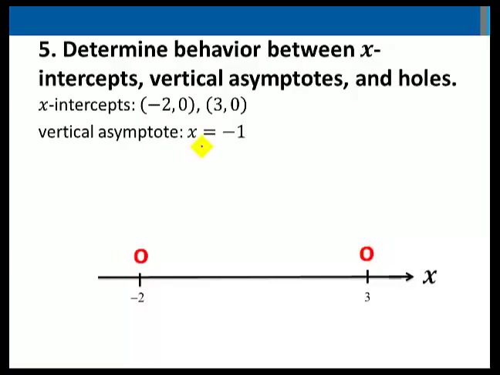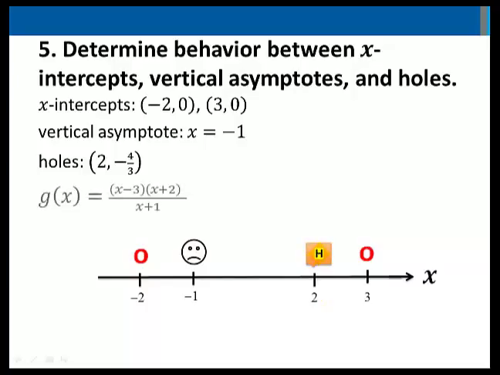The vertical asymptote at x equals negative 1, I'll mark on my sign chart. And I'll put a frowny face here because we know when we have a vertical asymptote, there are no y values at that point. We have a hole when x is equal to 2, and I'll mark that with an H.